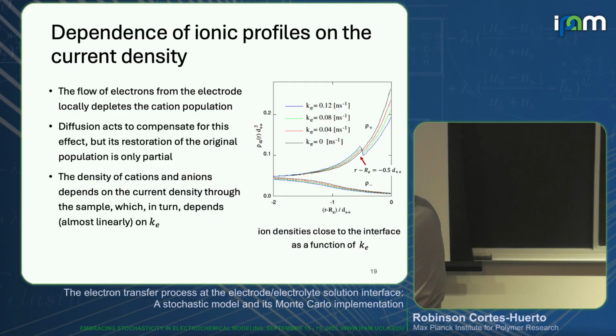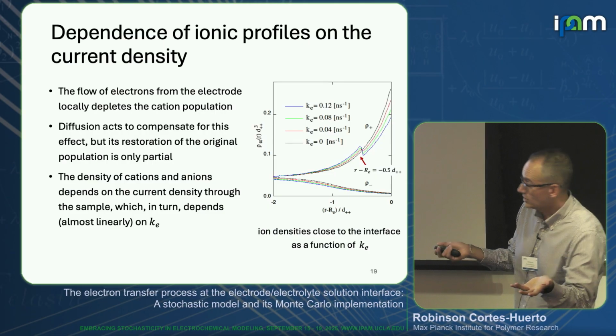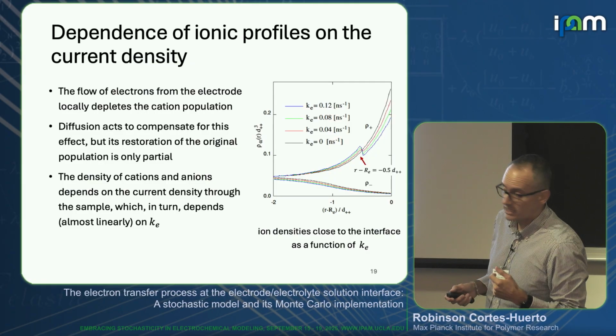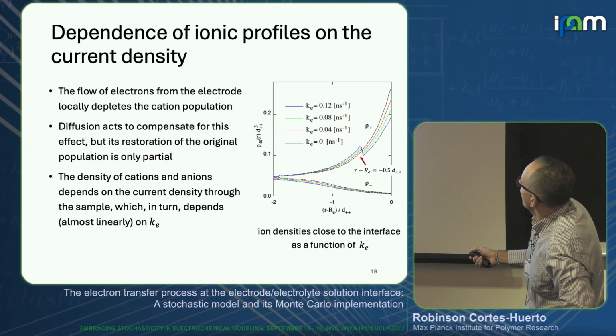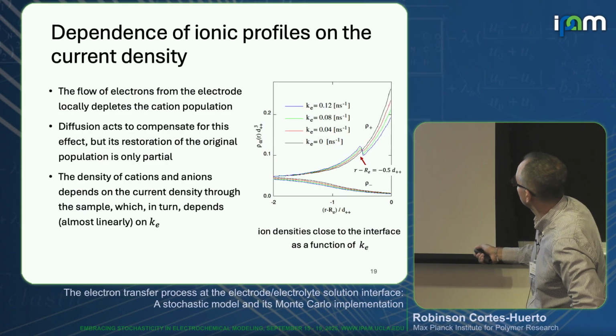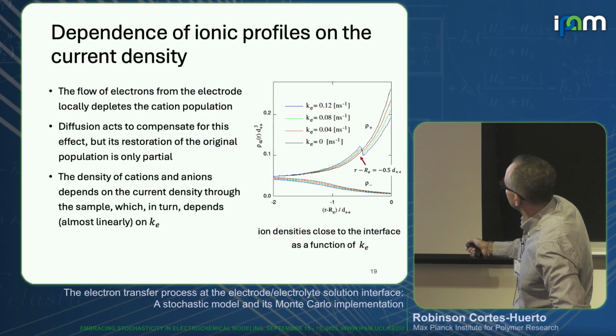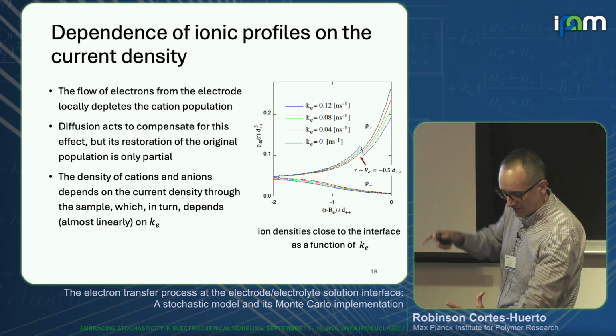Okay, so this is an interesting result because it shows how this model really goes away from a mean field description. Here what we have is the density of the anions and cations as a function of the distance to the center of the cavity.